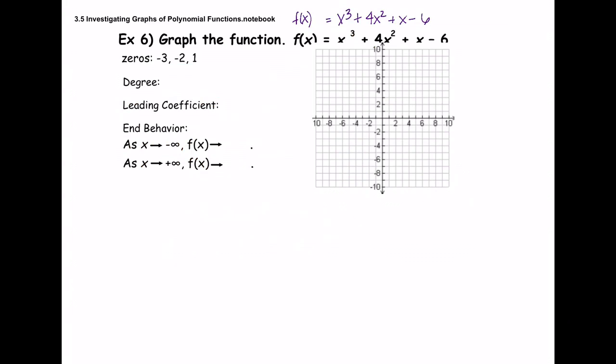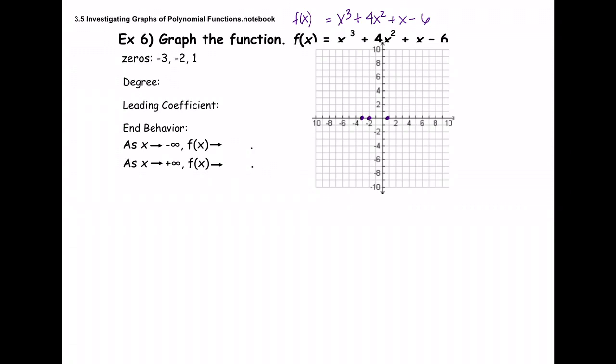When we look at example 6, they want us to graph the function x cubed plus 4x squared plus x minus 6, and they tell us our zeros are at -3, -2, and 1. We can start to interpret some things about this polynomial.